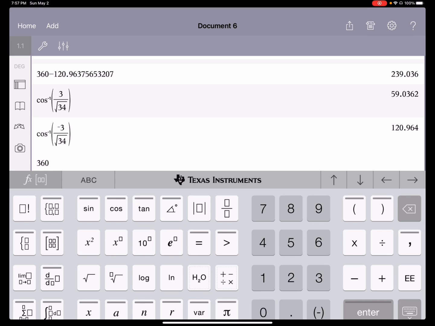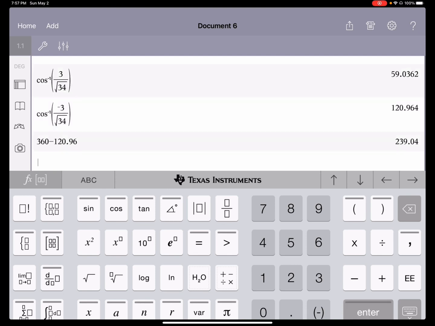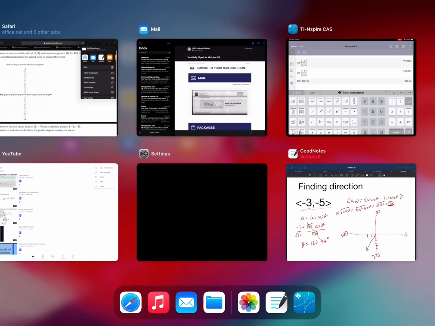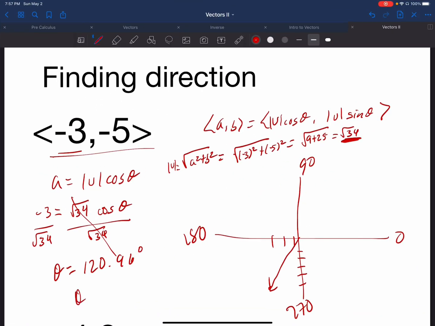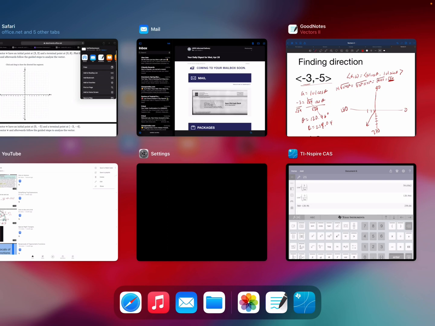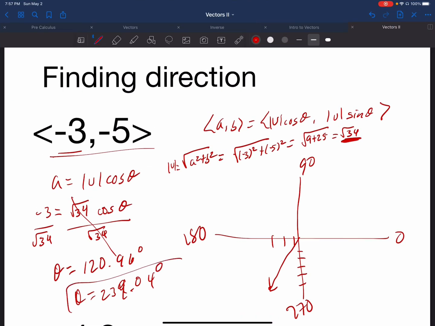So I'm in the bottom two quadrants, so 360 minus 120.96, and I get my answer to be around 239.04 degrees. And again, that one does make sense because that number is greater than 180 but less than 270.